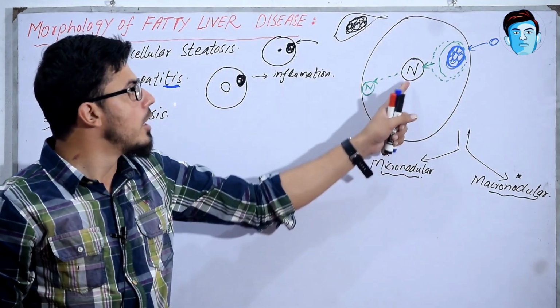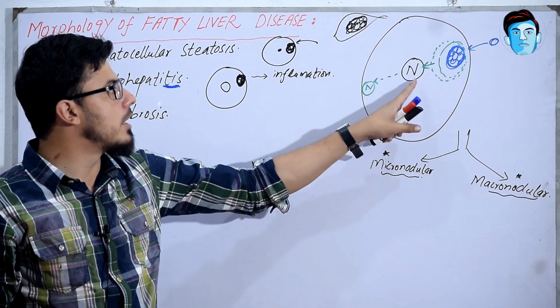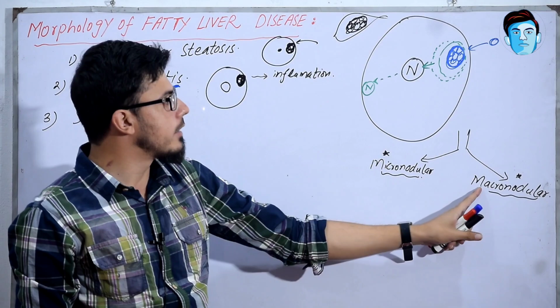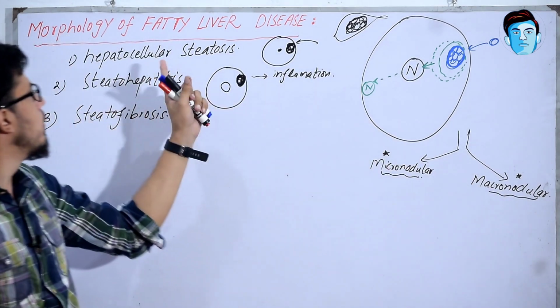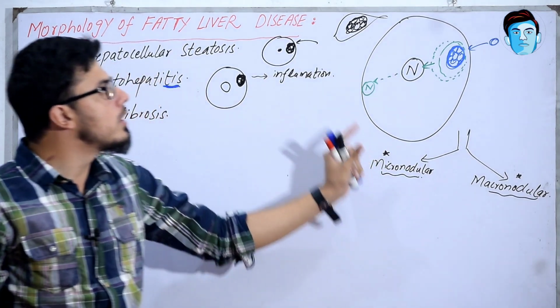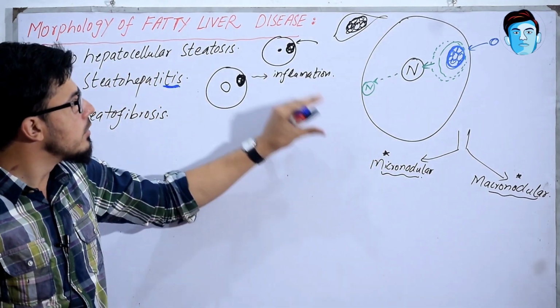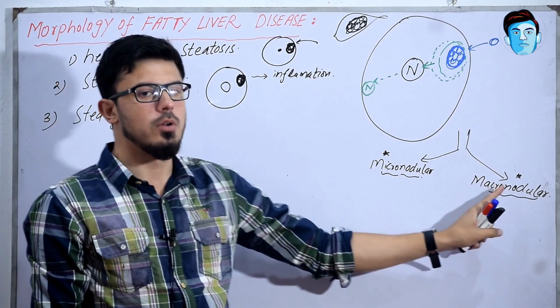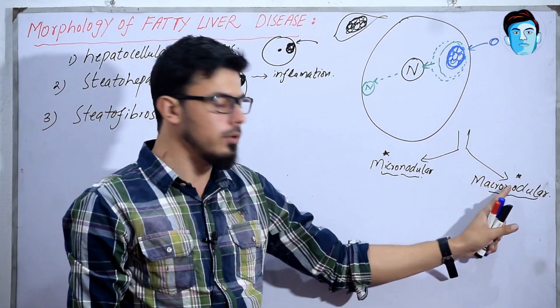Now in this phase, the nucleus is not placed in the center, instead it is located at the periphery. So we call that condition macronodular hepatocellular steatosis. On the basis of nucleus displacement, we divide this into the micronodular pattern and the macronodular pattern.